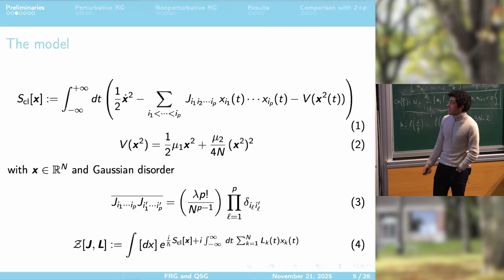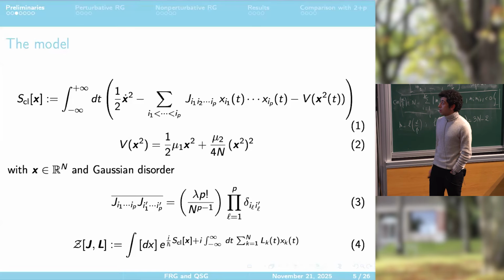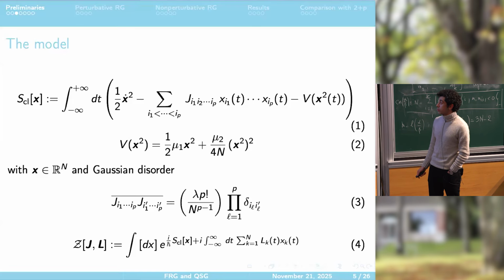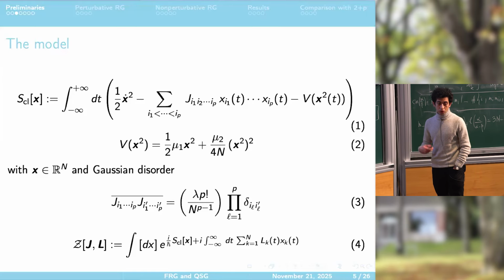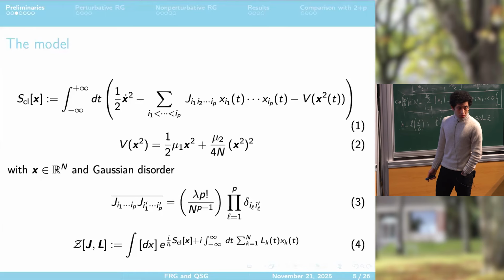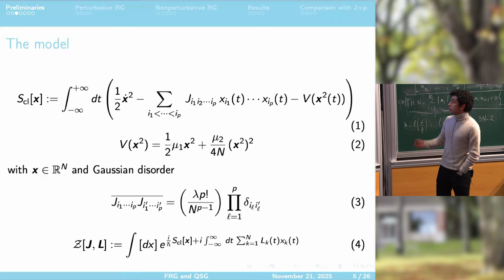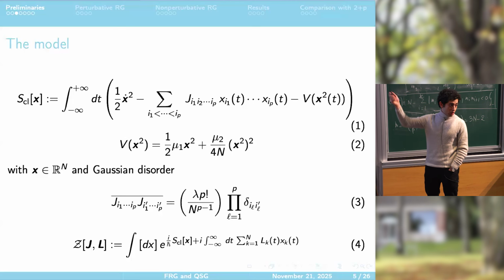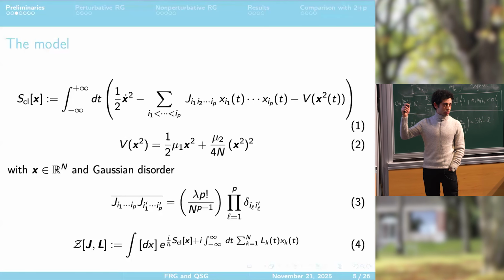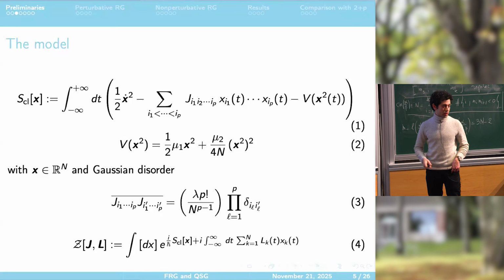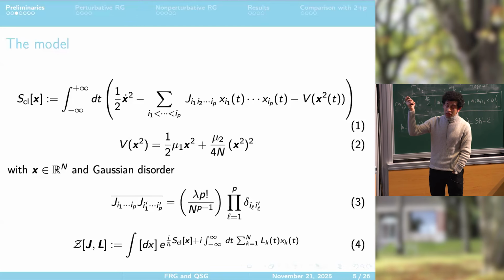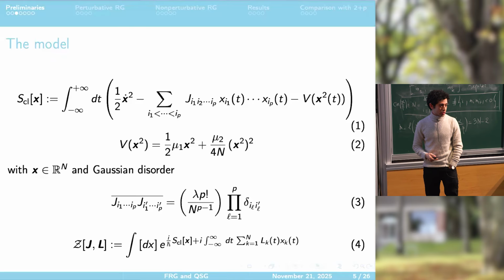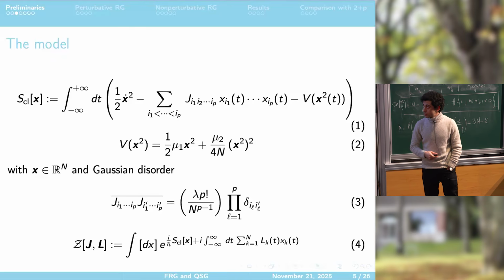And there is this factor of n to the power of p minus 1, which takes care of the fact that we require the energy to be extensive for our model. And x squared is just the length of the vector x. x is a vector and x squared is the dot product, so it's the length squared basically.